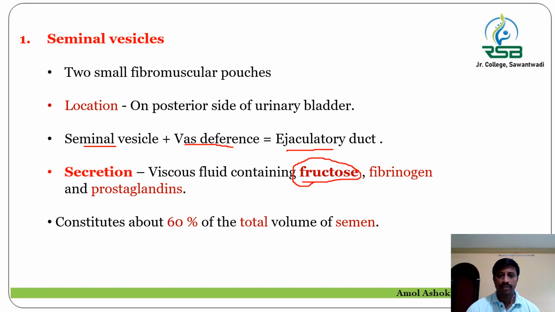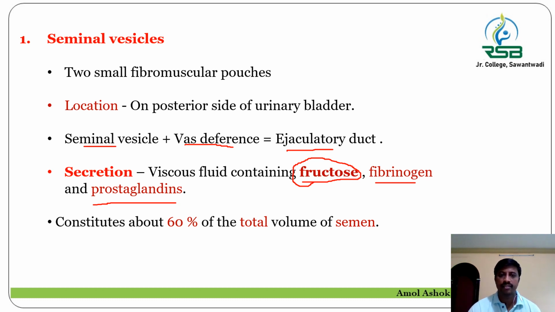The secretion of the seminal vesicle is a viscous alkaline fluid which contains fructose, fibrinogen and prostaglandin. Each of these secretions has its specific importance, which we are going to study in our next slide.